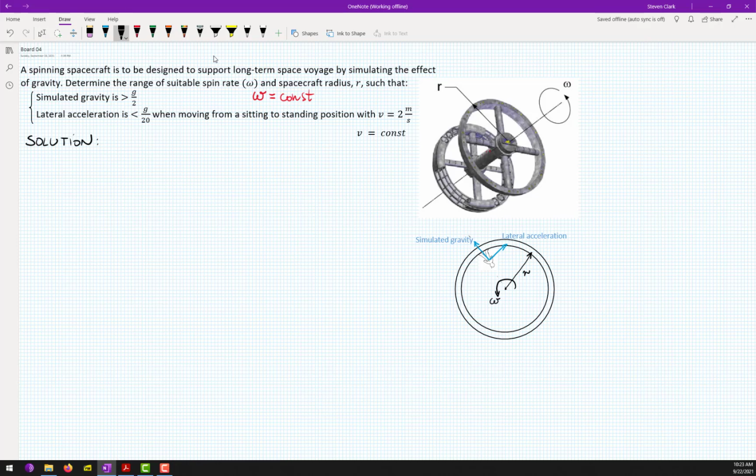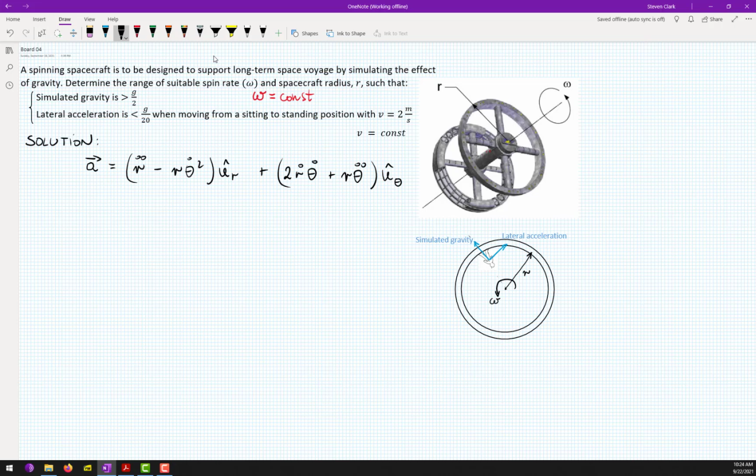Okay, so I'm just going to write down our magical expression from the second board. A is r double dot minus that. So this is the general expression for our acceleration, but we can simplify it for that problem.